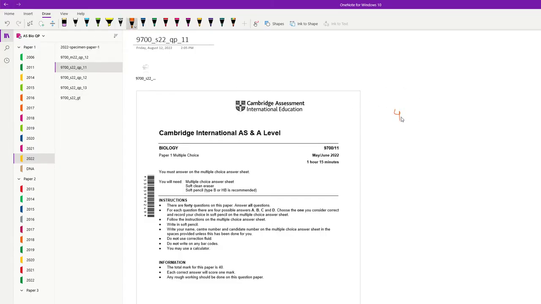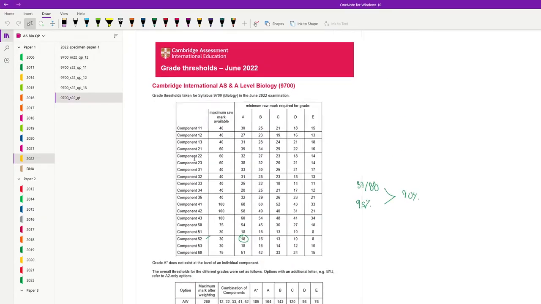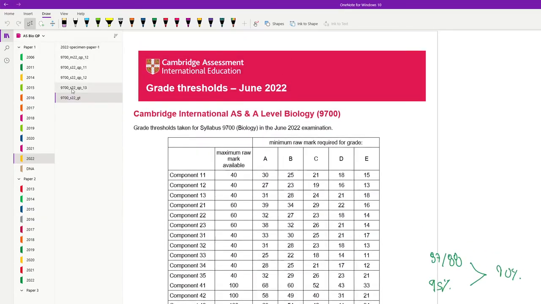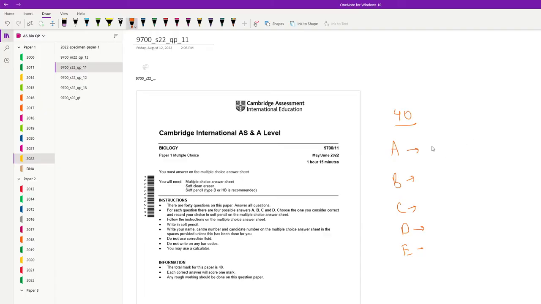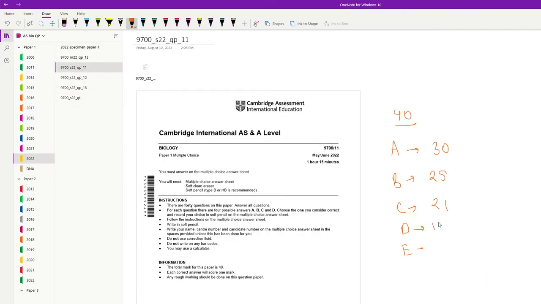So the maximum mark is 40. So, A, B, C, D, E. For paper 1-1, what do we have here? A was at 30, B was at 25, C was at 21, D was at 18 and E was at 15.